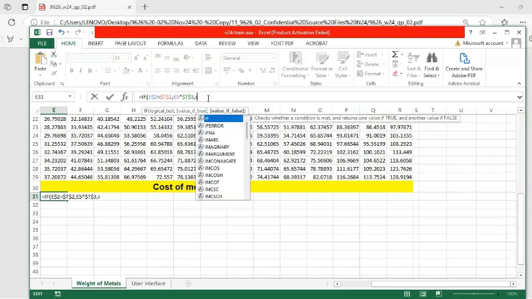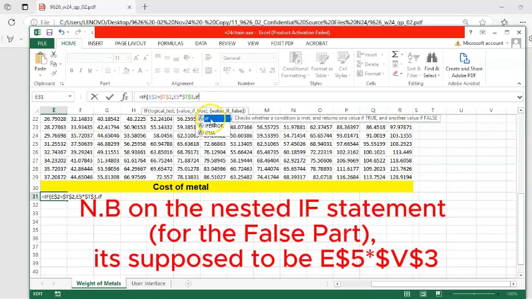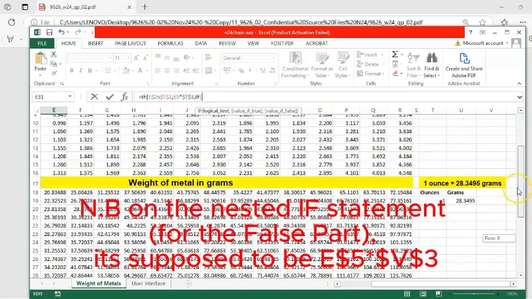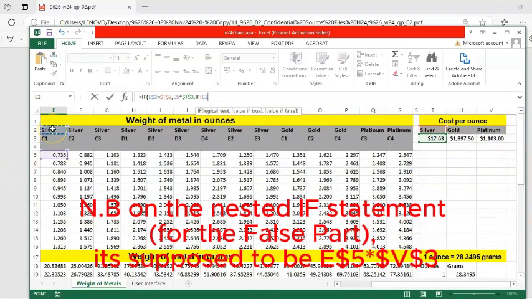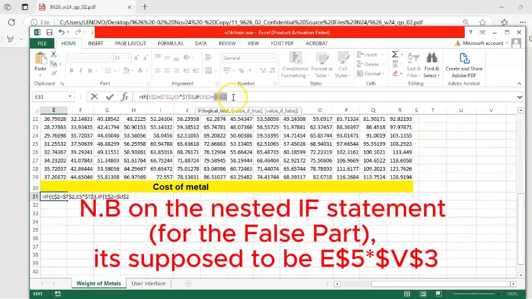Now I also need to test for gold. So I'm using an if again, a nested if. So if this same value, and remember we are locking the row, is equal to the gold now. If it's equal to gold, I hope you are getting the idea now. So if this is equal to gold, what are we going to do?